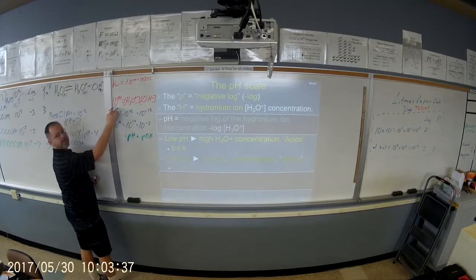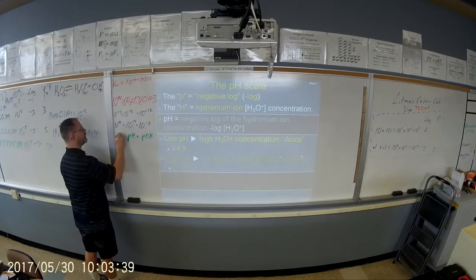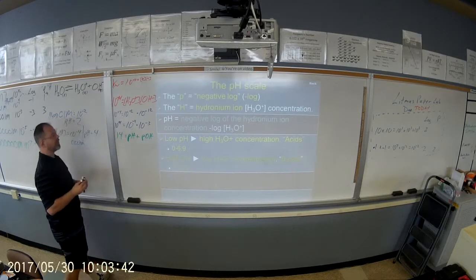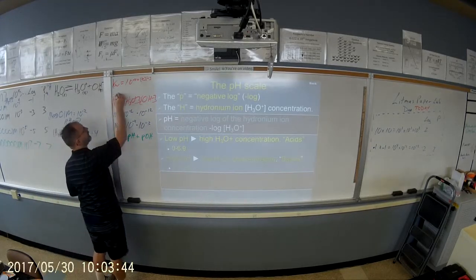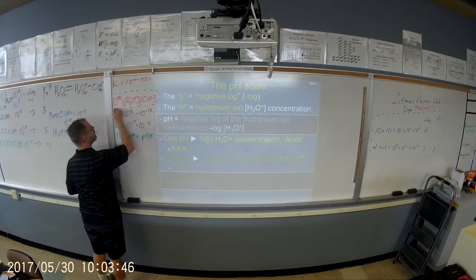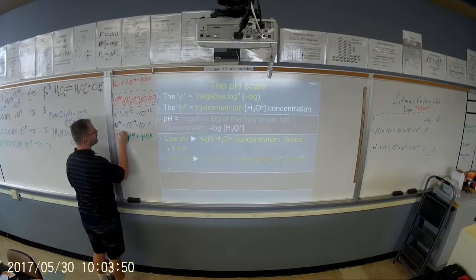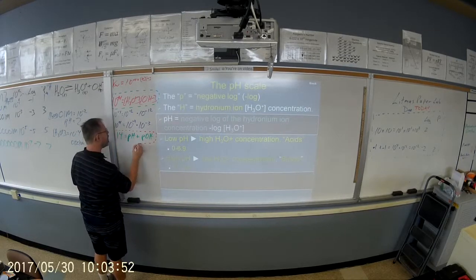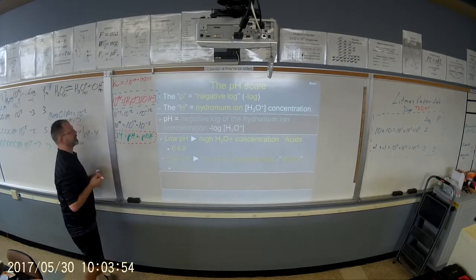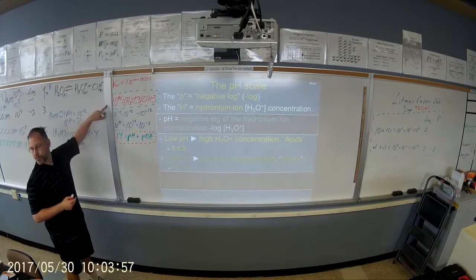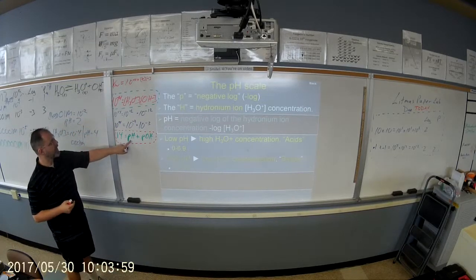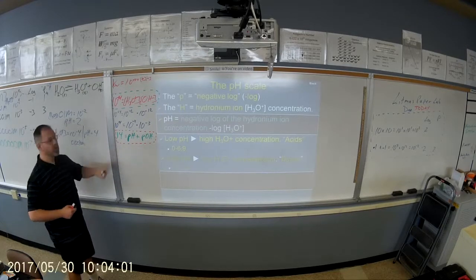And if you take the P of 10 to the negative 14, you get 14. So you have two really handy relationships. The hydronium ion concentration multiplied by the hydroxide ion concentration will always be 10 to the negative 14. And the pH plus the pOH will always be 14.